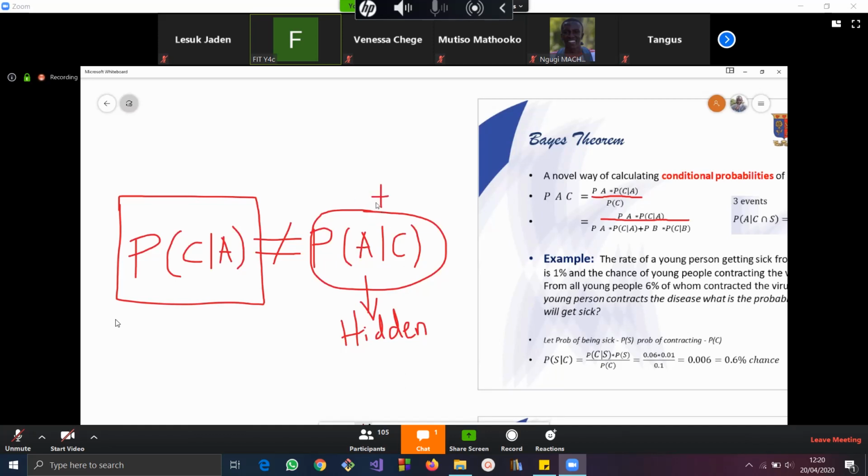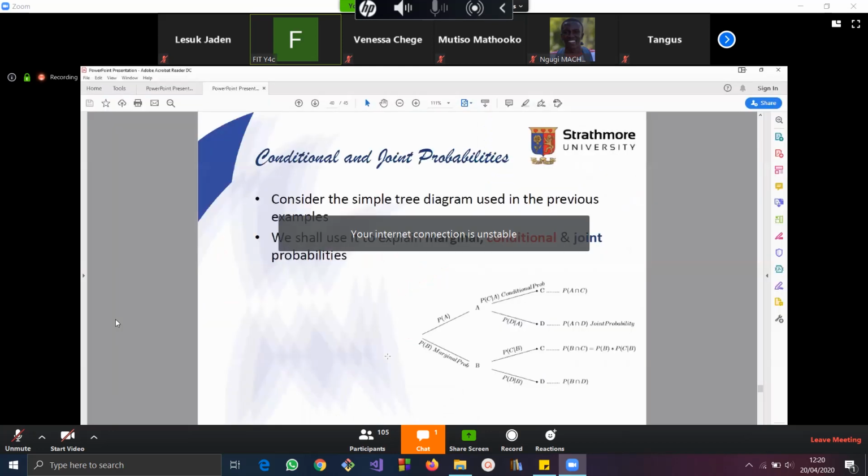That's what Bayes' theorem gives us, a formula to calculate this. Okay, so that's what you're seeing here. With respect to the tree we have up there, it depends on the tree you have. The formula for getting this according to Bayes is that, and that formula is going to be super important as we go on.